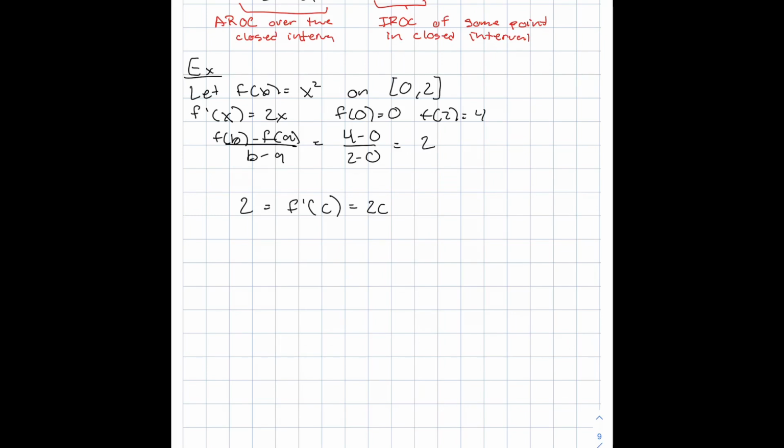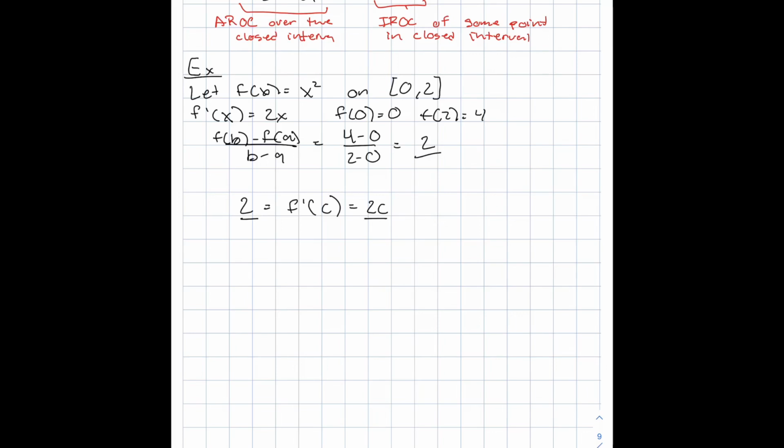So we were going through this problem, and we were looking at f of x equal to x squared on the closed interval 0 to 2. We took the derivative so that we had f prime of x, and then we also found the endpoints. We plugged in 0 and 2, so we got 0, 0, and 2, 4, and then we found the slope between those 2 points. That gave us 2. So then we set that equal to our derivative at some point c.